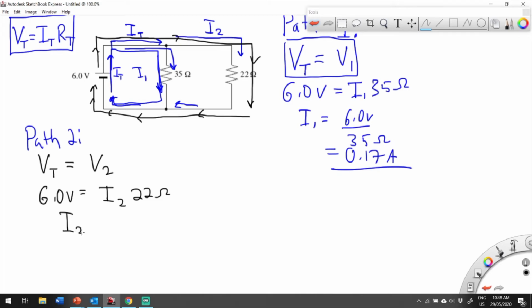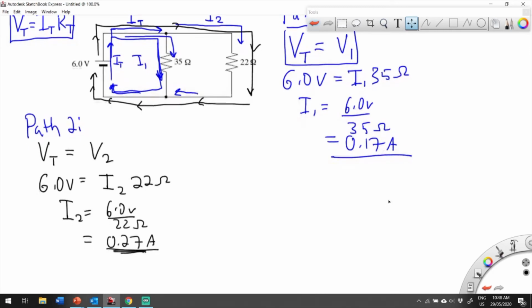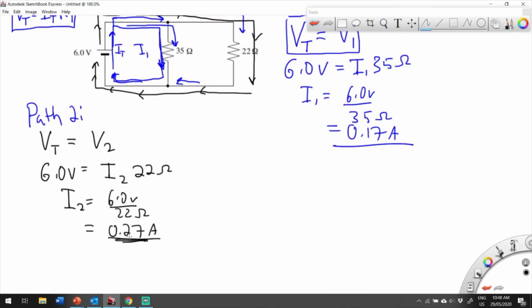Doing our algebra, 6 volts divided by 22 ohms gives us 0.27 amps. So that's the current going through the second resistor.